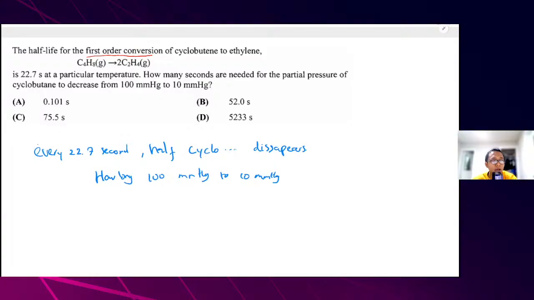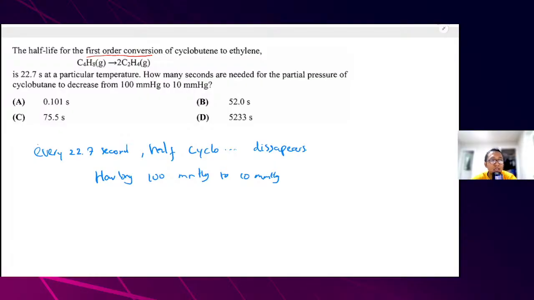After one half-life, which is 2.7 seconds, and then after two half-lives, 45.4, it becomes 25, and so on, until after four half-lives it becomes 6.25 mmHg.